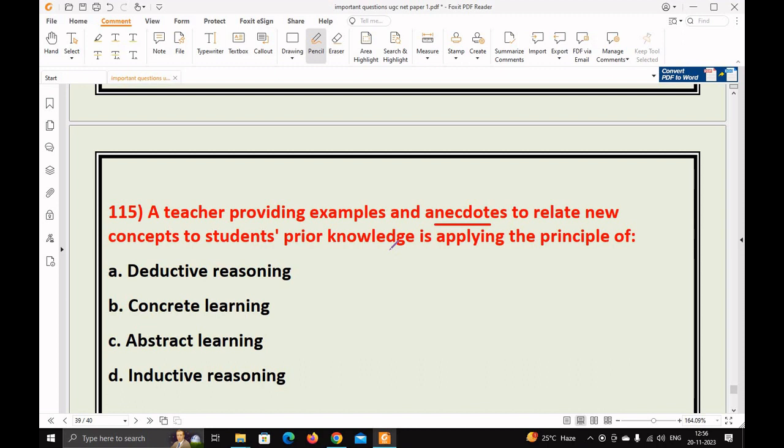The right answer of this question is concrete learning. Option B is the right answer.